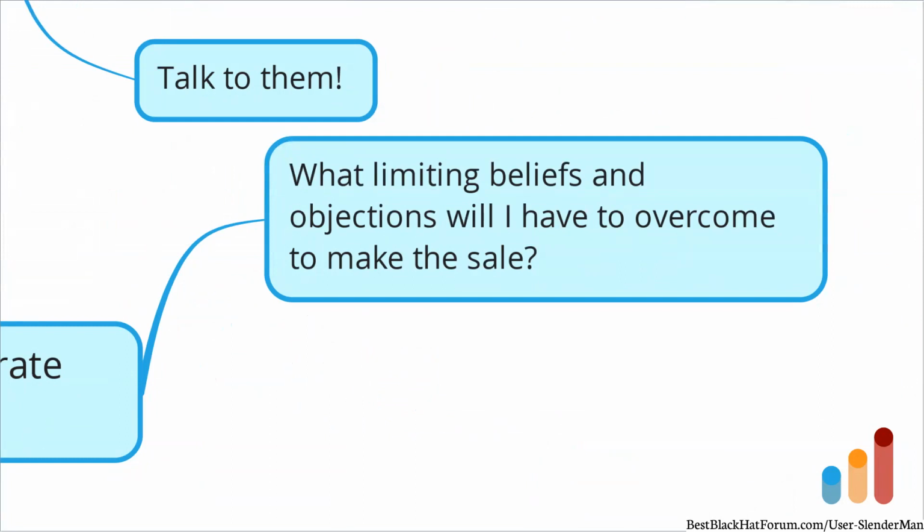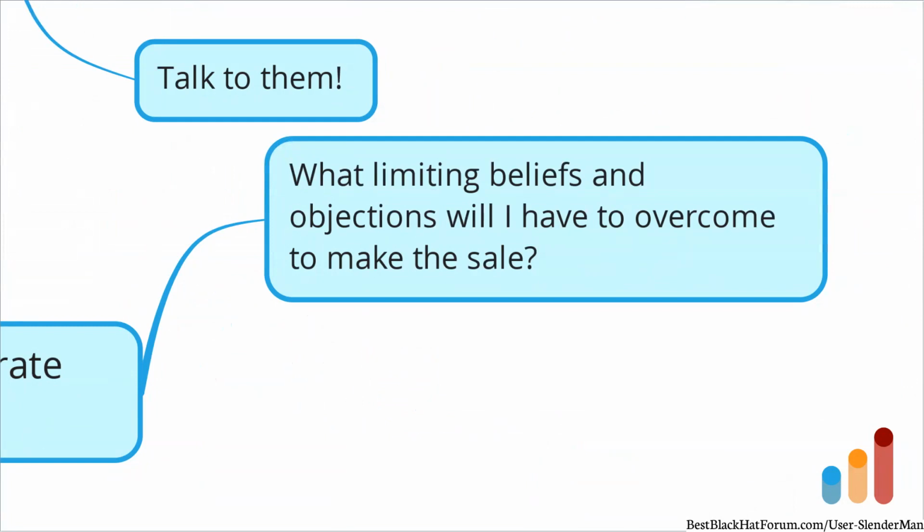And so if you're going to steer that belief in the direction of the offer that you're putting out into the marketplace, you have to ask yourself, what limiting beliefs and objections will I have to overcome to make the sale?